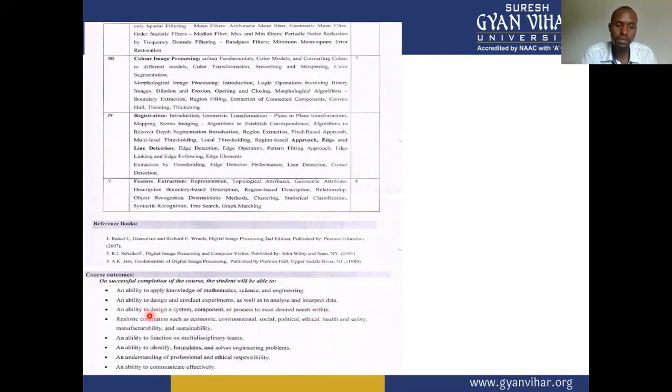The third outcome is the ability to design a system, component, or process to meet desired needs within realistic constraints such as economic, environmental, social, political, ethical, health and safety, manufacturability, and sustainability. Next is the ability to function on multidisciplinary teams, so we should be able to apply this concept in multidisciplinary environments.